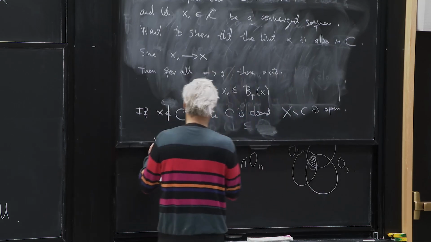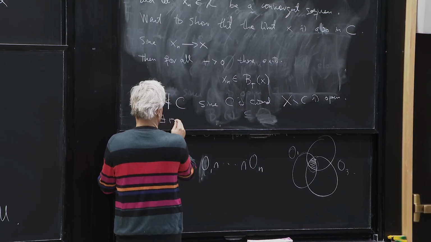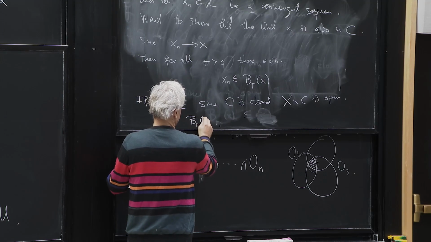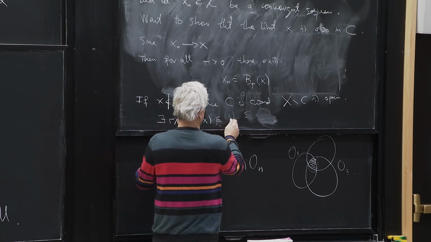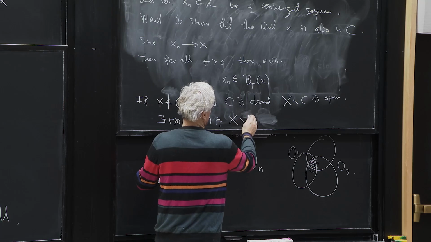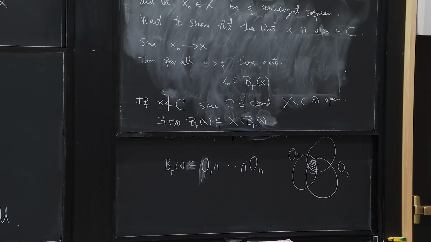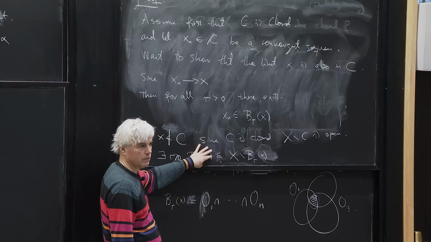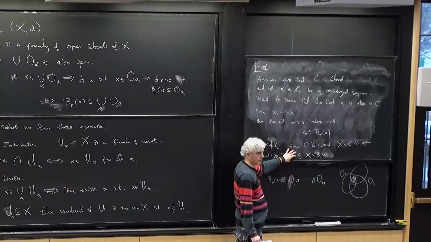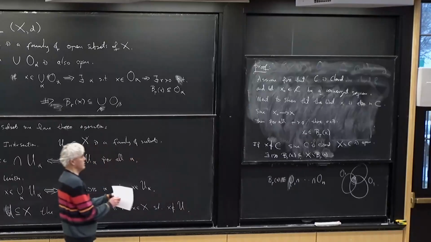And so x here is assumed to be in the complement, but it means that there exists some r so that the ball of radius r would be contained in the complement. But this means that there is no x_n in that ball, because all of the x_n's are in C, and this ball is entirely contained in the complement. So this is the contradiction.